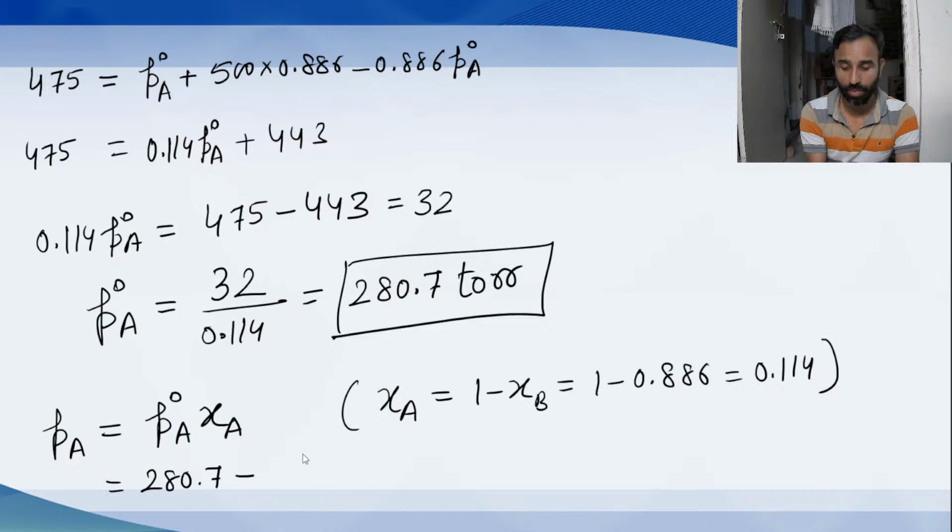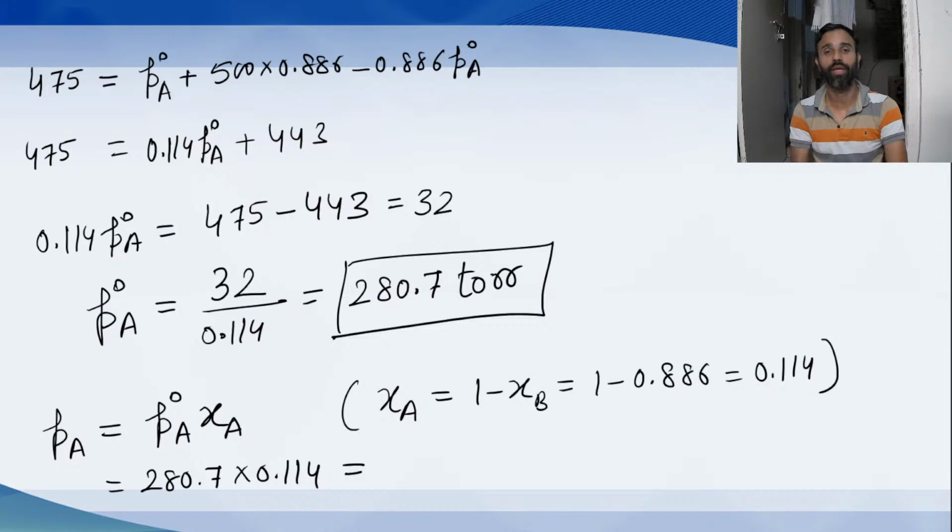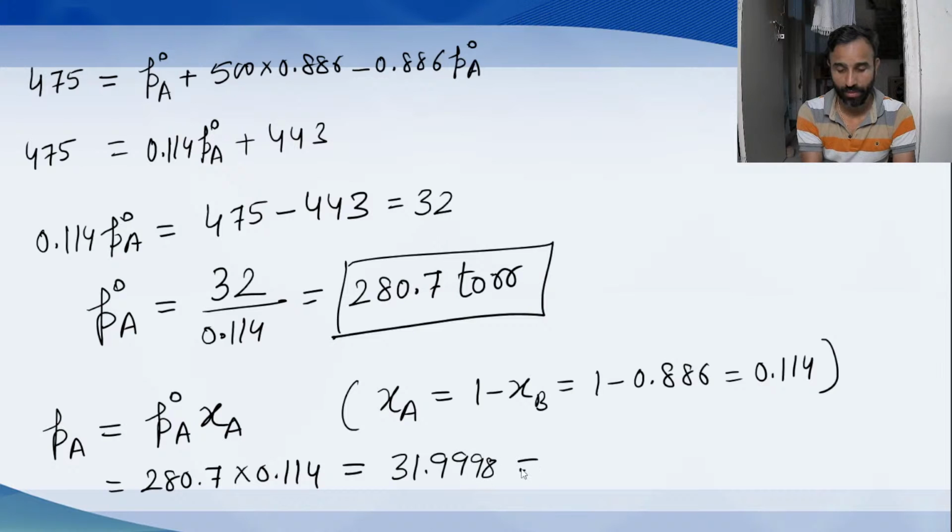So it is equal to 280.7 into 0.114, it is 31.9998. That is roughly 32, very close to 32.